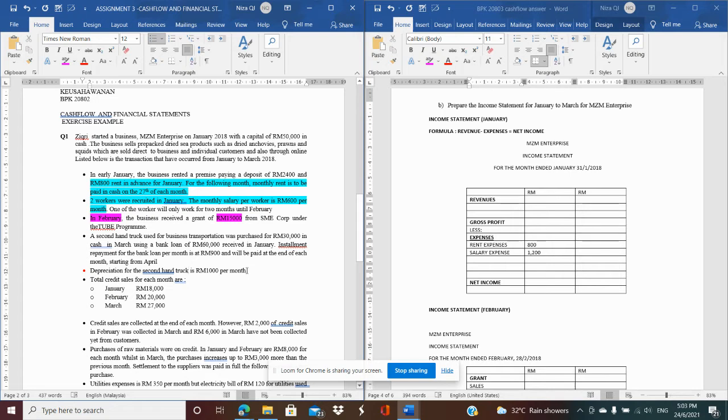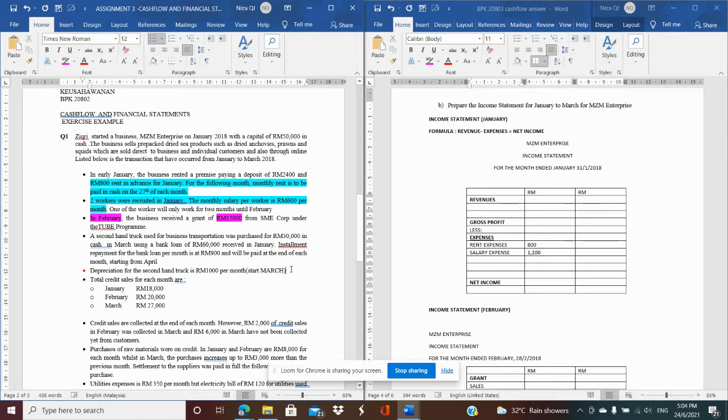You have to look at when the motor vehicle, equipment or machinery was acquired. That will be the starting point for the depreciation to be recorded. Because the second-hand truck was acquired in March, it's not going to be recorded in the income statement in January and February, but it's going to be recorded in March.